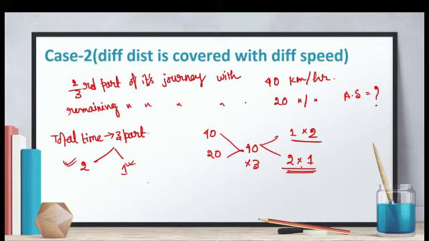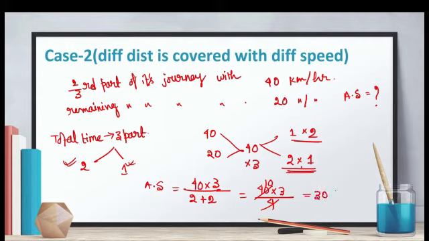So the average speed will be total distance. What is the total distance? It is 40 cross 3 upon total time. Total time is 2 plus 2, which is equal to 4. So 4 will be cancelled out with 10, and 10 cross 3 equal to 30 kilometer per hour. Okay. Hope it is clear.